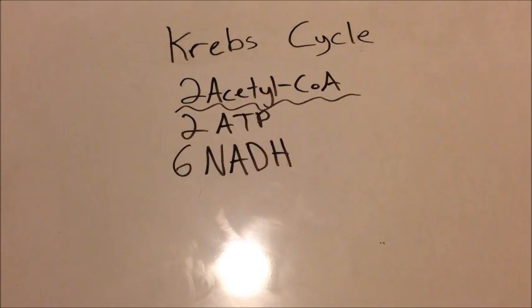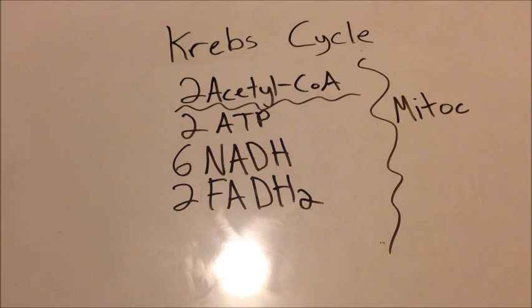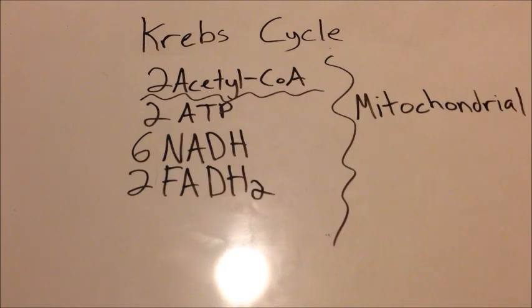So in the end, you would have 6 NADH, 2 FADH2, and 2 ATP. Lastly, this process takes place in the mitochondrial matrix, which is the empty space in the mitochondria.